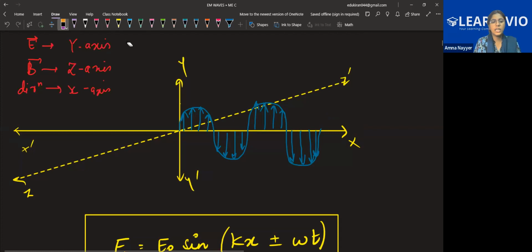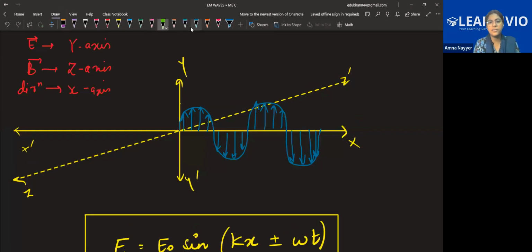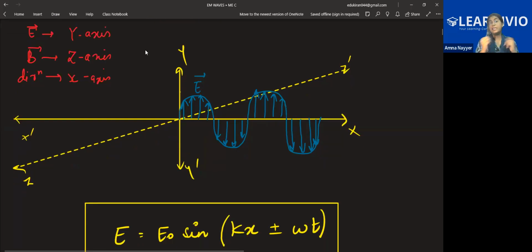Then let's plot the magnetic field also. This is the electric field that has been plotted. Now the magnetic field is along the z-axis, so it is like this.